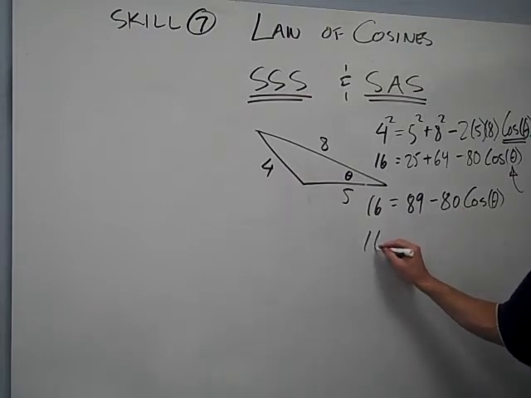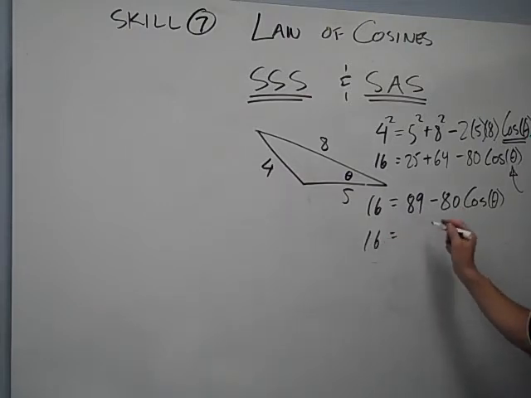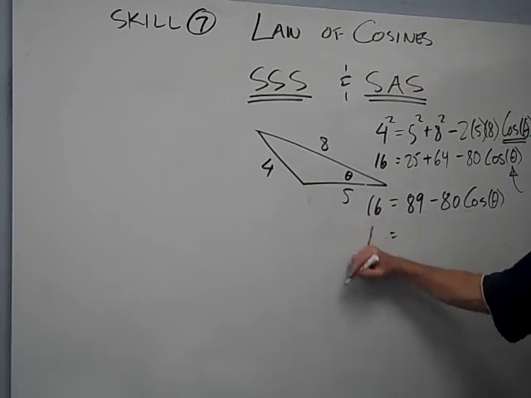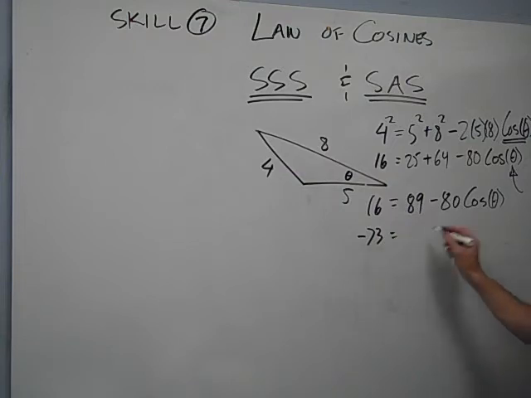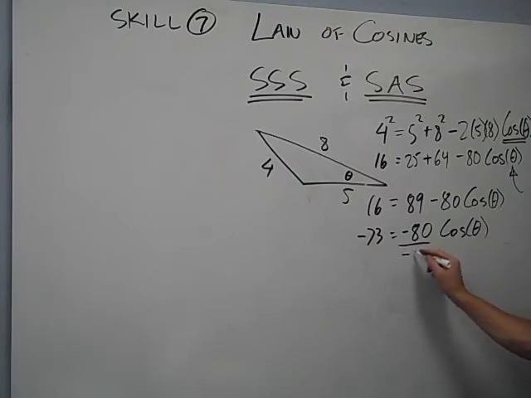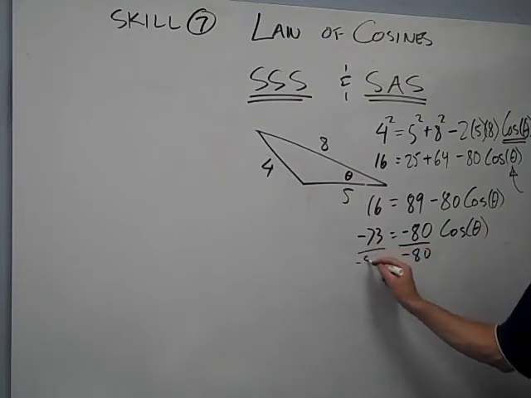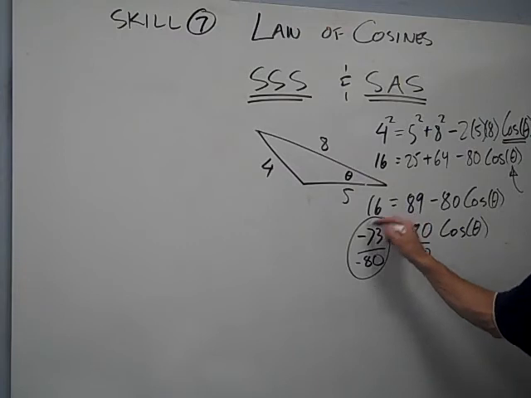But I can write this. 16 is equal to, actually I'll take away 89 from both sides, that's what I'm going to do. And when I do that, I get a negative 73 is equal to then minus 80 cosine of theta. And now I can divide both sides by negative 80. And I just get a decimal there.